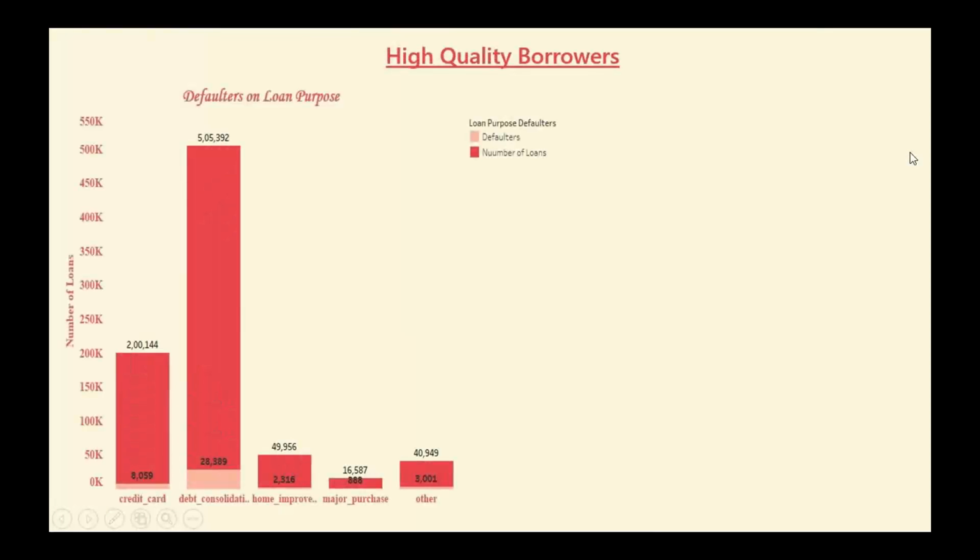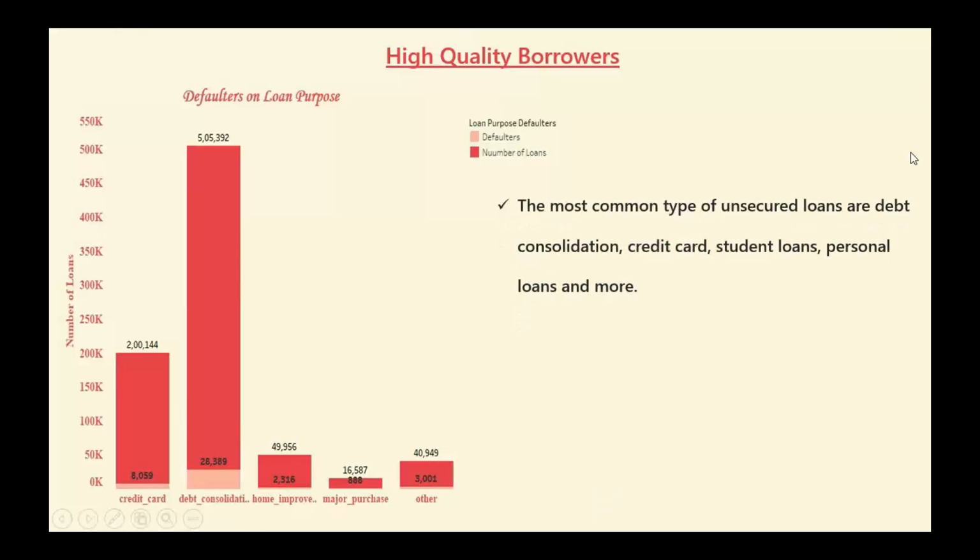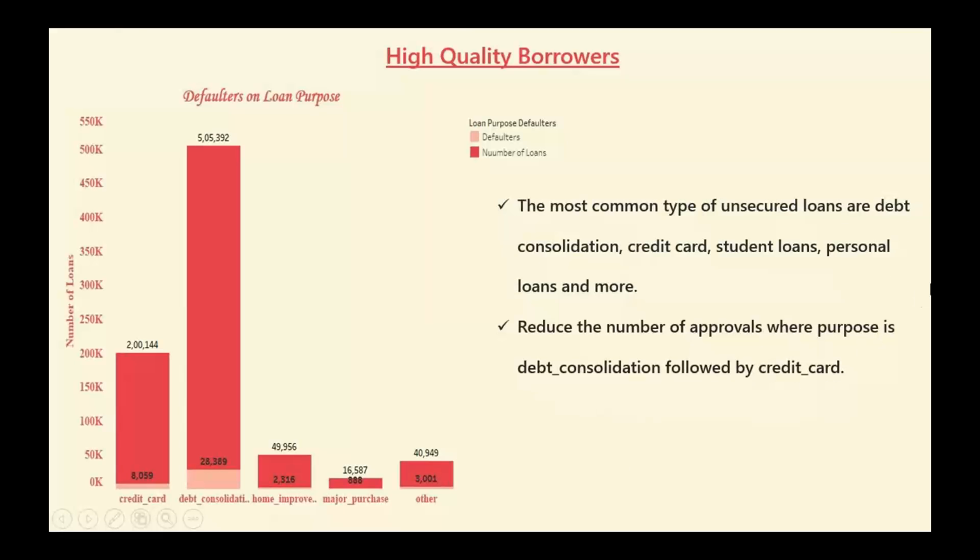Then we went ahead to look at the purpose of the loans. We found out that the maximum number of people were defaulting where the purpose was debt consolidation. Now, as Shreyas earlier discussed, debt consolidation means that the borrower is taking the loan to dissolve his past debt, so maybe loans or any amount of money he has borrowed.